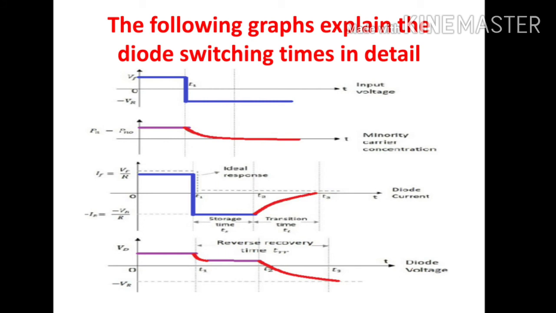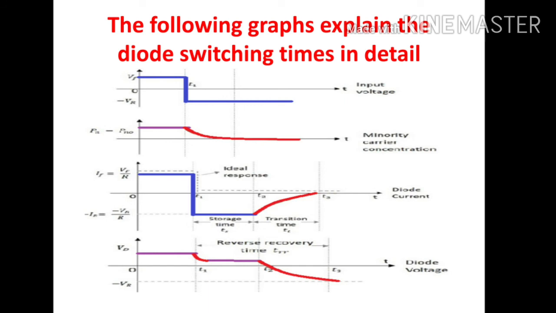In forward bias it will be a positive voltage, and from T1 to T2, that is the storage period, we have a slight decaying exponential curve. Again it goes to the negative side from T2 to T3. The red color graph is indicated here. So thus the above graph indicates how the diode will be switching from on to off.